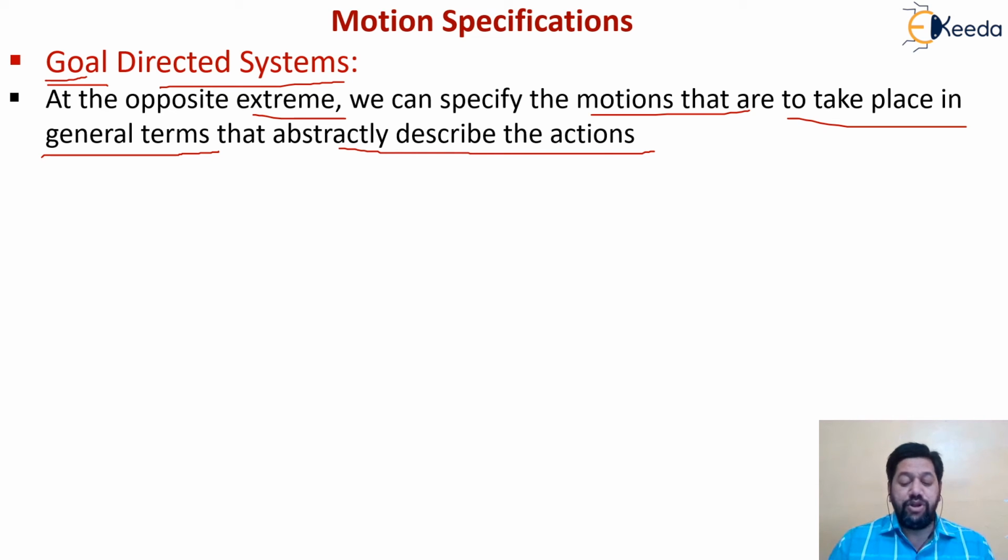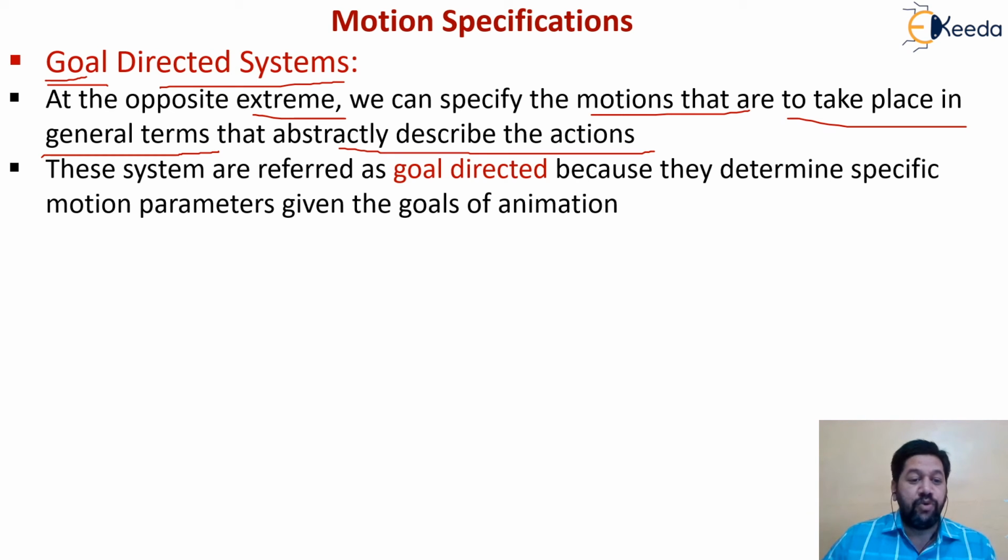So I'm giving the general term, and the animator or the designer will specify or find out how it can be achieved. Instead of giving the exact or direct formula for conversion, I'm just specifying the general terms that will help us to provide the motion. So that's why it is called the goal directed system.